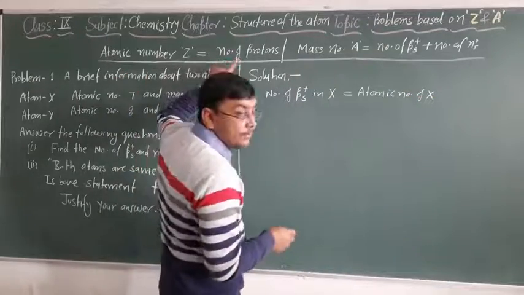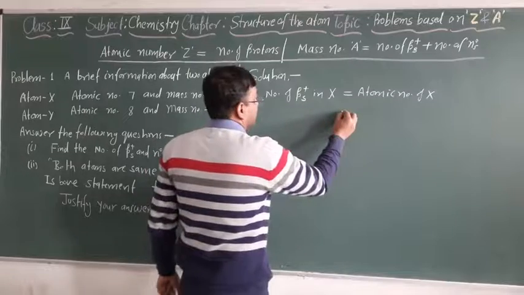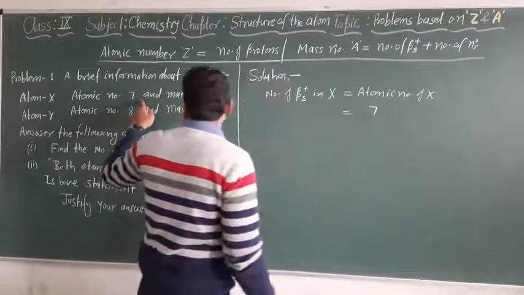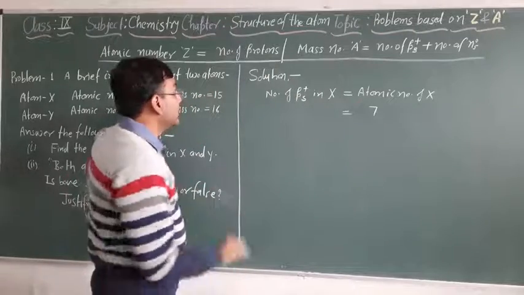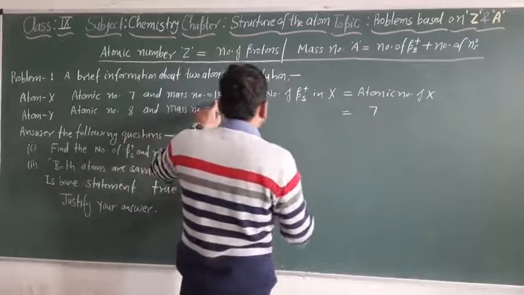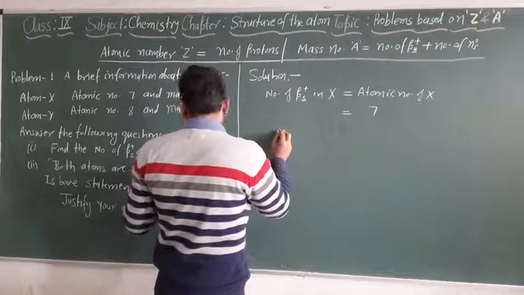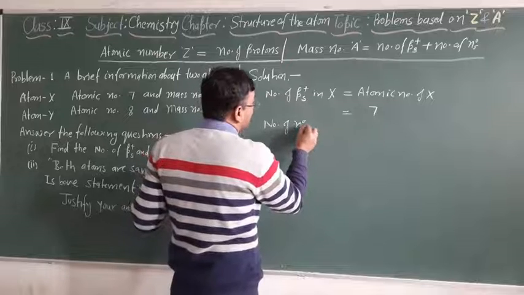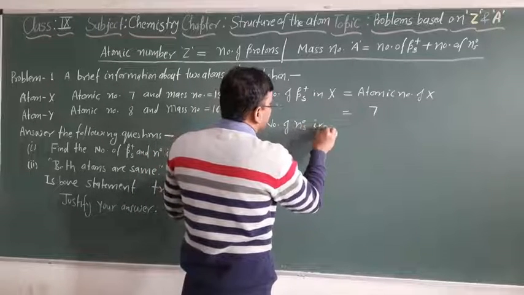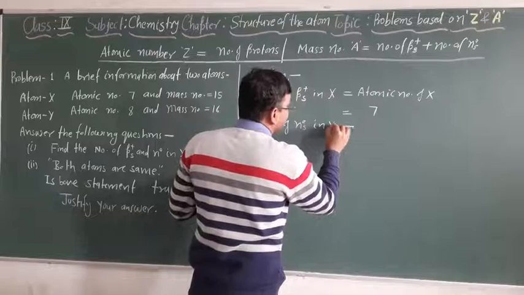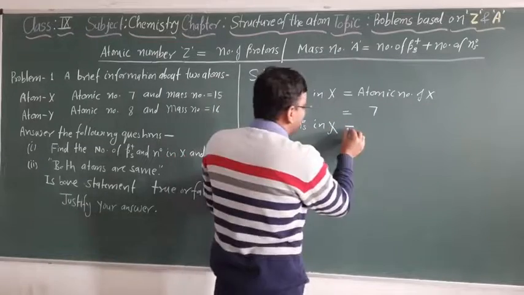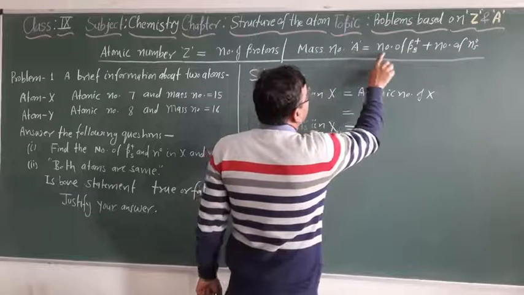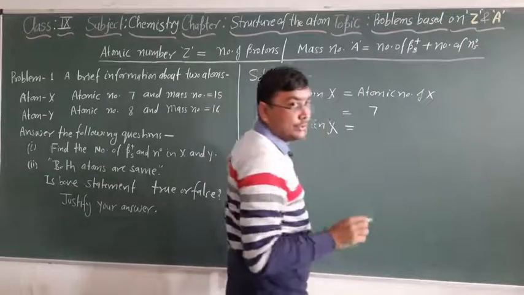Atomic number is equal to number of protons, so it is 7. Now mass number 15. We are asked the number of neutrons in X. See, mass number is equal to number of protons plus number of neutrons.